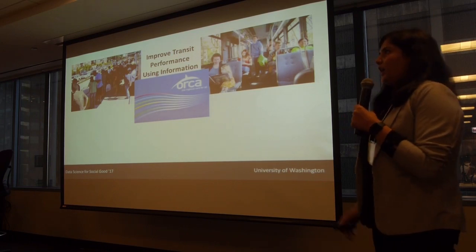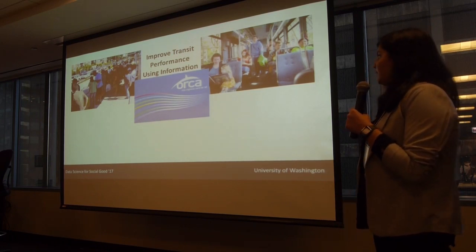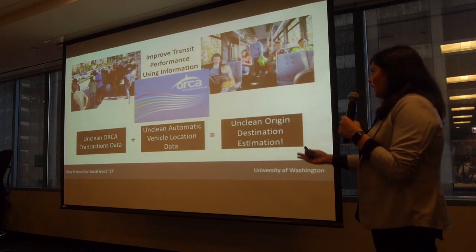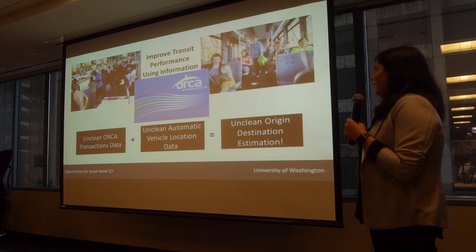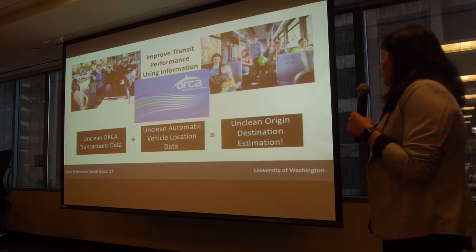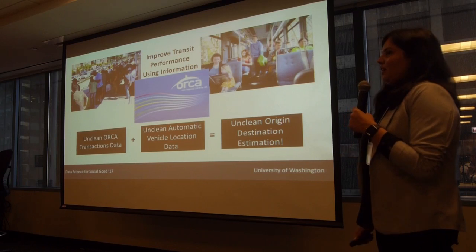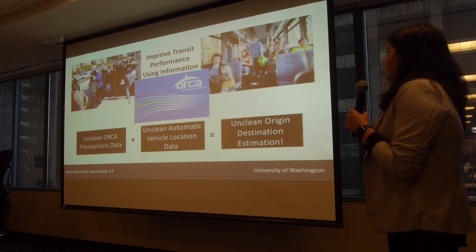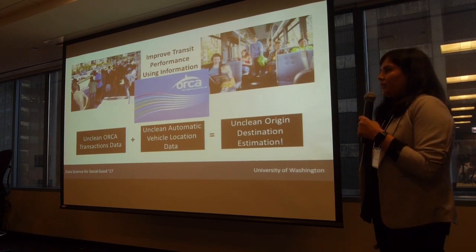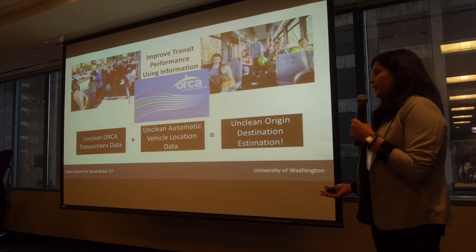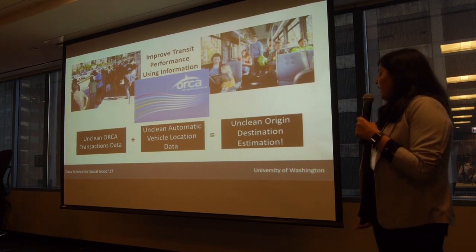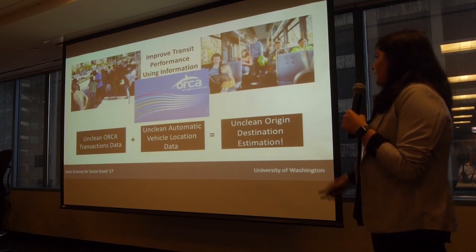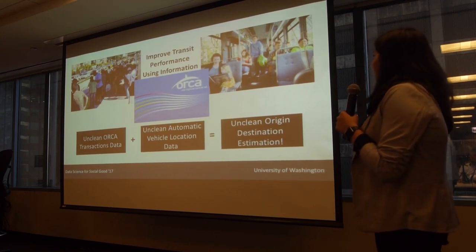So then we took data from 6 different transit agencies, and we had a huge amount of unclean Orca data and a lot of unclean GPS data, which is the automatic recalculation data, and we had a very bad origin-destination estimation for the entire Puget Sound region. So our project was about improving this origin-destination estimation for the Puget Sound region and giving deeper insights into the travel patterns in that area.